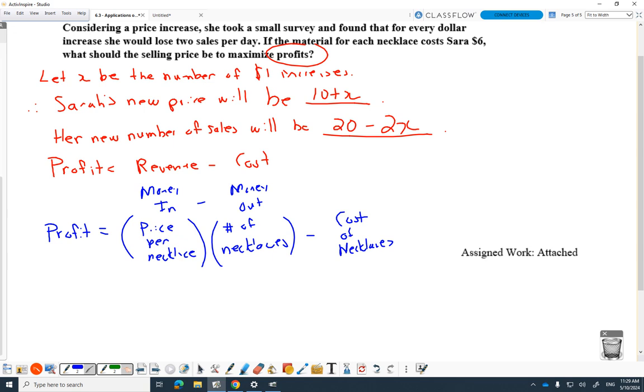Here we go. Profit equals. How much is the price per necklace? It's already on the page. 10 plus X. How many necklaces is she going to sell? It's already on the page. 20 minus 2X.